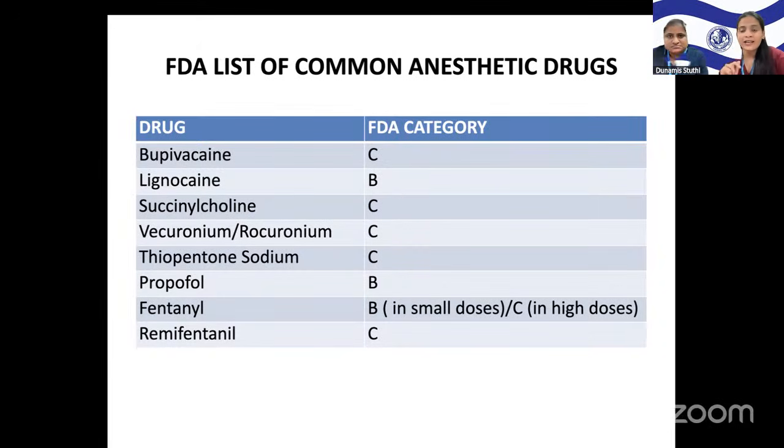And X category is completely teratogenic, has to be avoided. So local anesthetics, bupivacaine comes under category C, lignocaine comes under category B, succinylcholine, vecuronium, rocuronium come under category C, thiopentone sodium comes under category C, propofol B, and fentanyl in small doses, as we have seen, comes in category B, but in higher doses can come in category C. Remifentanil comes in category C.